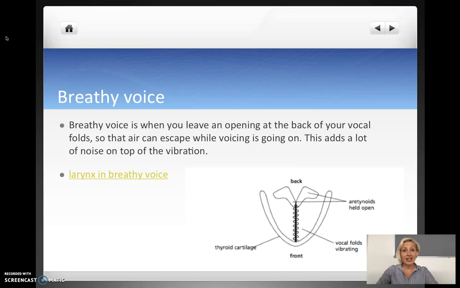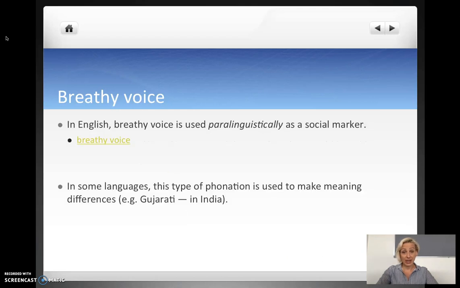And you will see a video of what the glottis looks like, what the vocal folds look like when we produce breathy voice. And you will also see a video with an interview with the former First Lady of the United States, Jacqueline Kennedy. That's back from the 1960s.